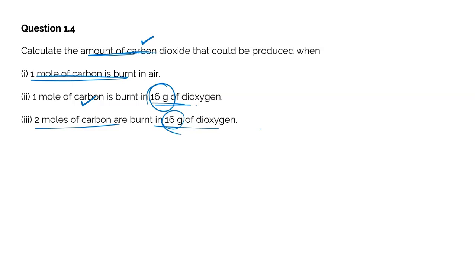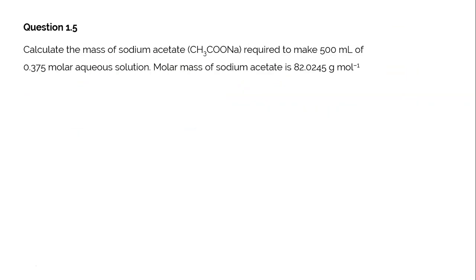This was about question number 1.4. Now let's go to question number 1.5. Let's read the question first. It is: calculate the mass of sodium acetate, formula is given already, required to make 500 ml of 0.375 molar aqueous solution. The molar mass of sodium acetate is 82 grams per mole.